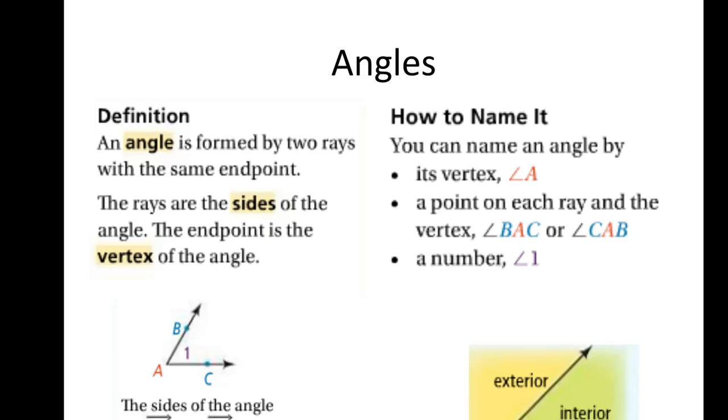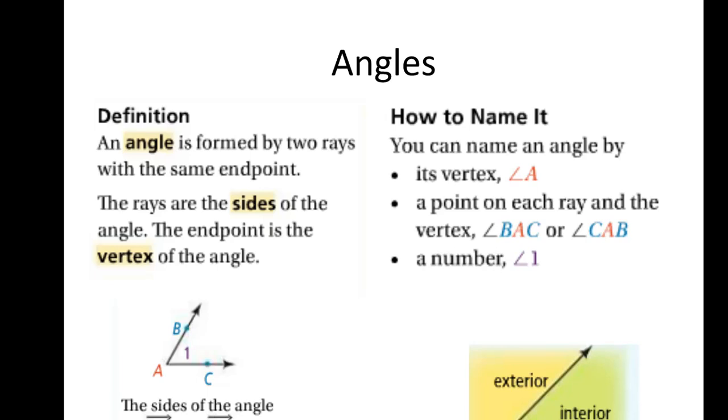The way we do that is by using a point on each ray and the vertex, such as angle BAC. B, A, and C. The vertex should always be the middle letter. Now, we can also switch this up because there's no certain way you have to start and stop, so we could say this is CAB. Notice in both of these, the vertex A is in the middle.